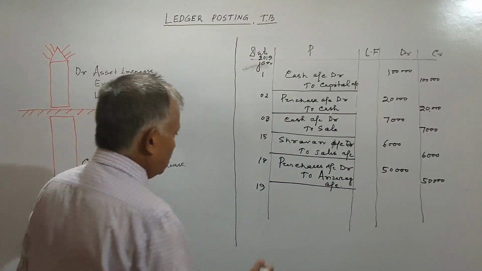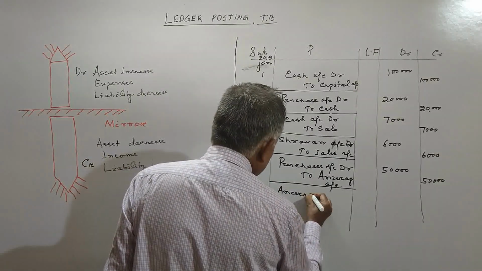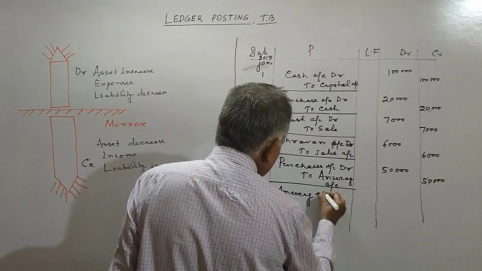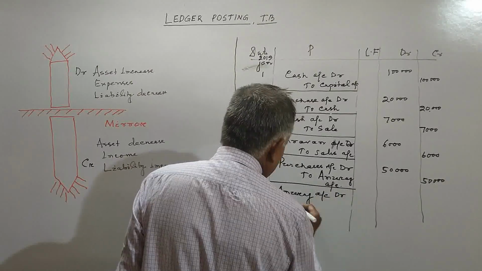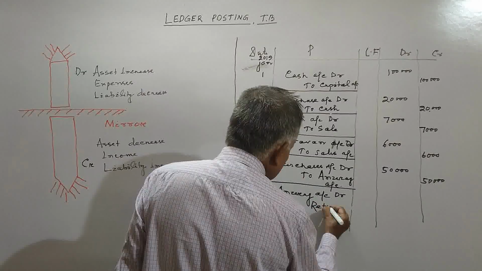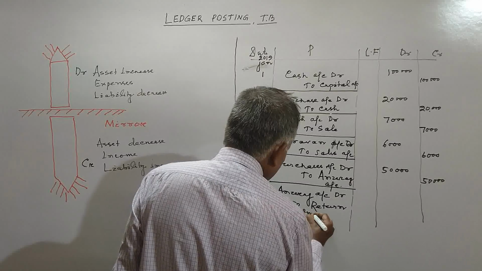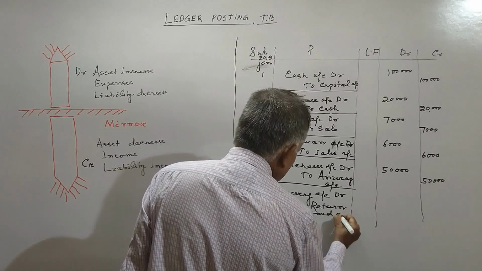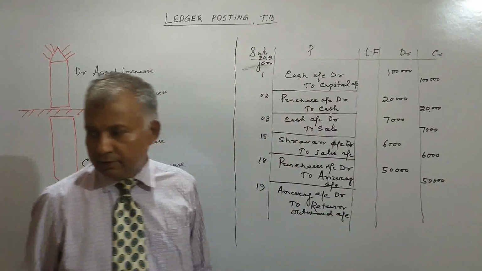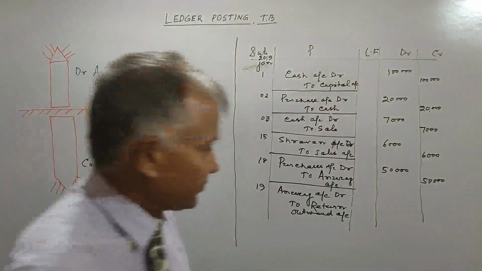So Anurag account debit, just the opposite here, Anurag account debit to return outward account, the amount is 5,000.